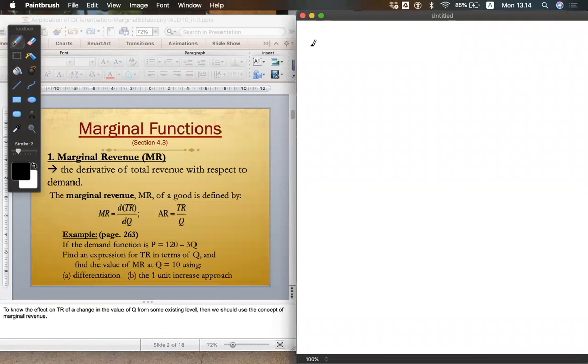If the demand function equals P equals 120 minus 3Q, then find an expression for TR in terms of Q. We need to find the expression of TR, or the TR function or TR equation, first. Sometimes the reference in English is very clear and very helpful to make us understand what we should do step by step.